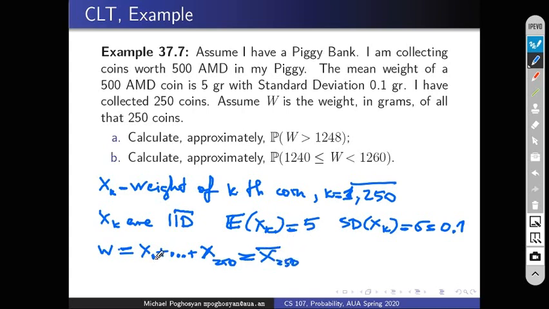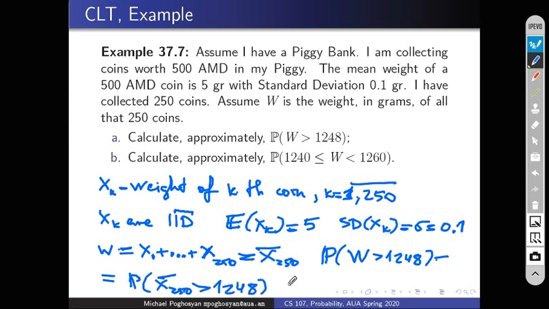Okay, so now we want to calculate this probability. The probability that W is larger than that number, which is the same as the probability that X250 bar is larger than that number.